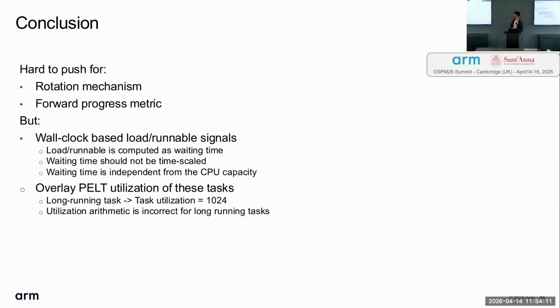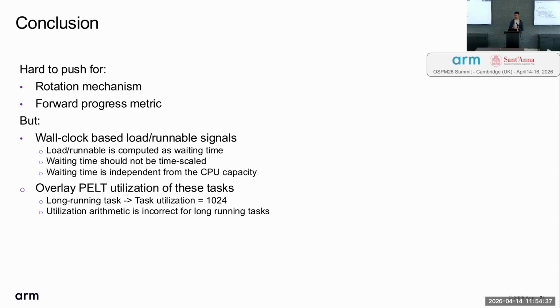There was one specific workload on one specific platform where there were some improvements by switching to wall clock based PELT signals. The second thing is that I had to make some detection for long running tasks. It could also be convenient for some cases.